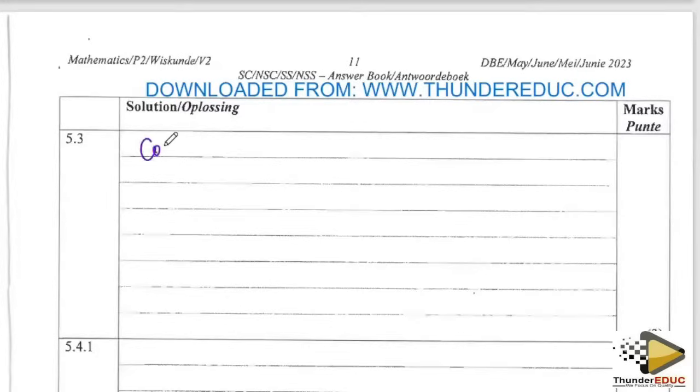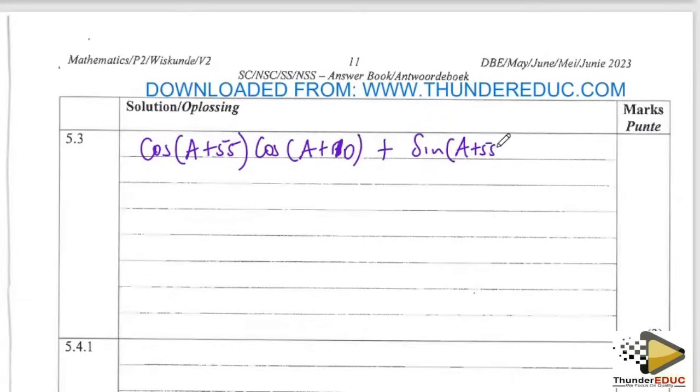So we have the cos of A plus 55, and then the cos of A plus 10. Then we're saying plus the sine of A plus 55 times the sine of A plus 10.